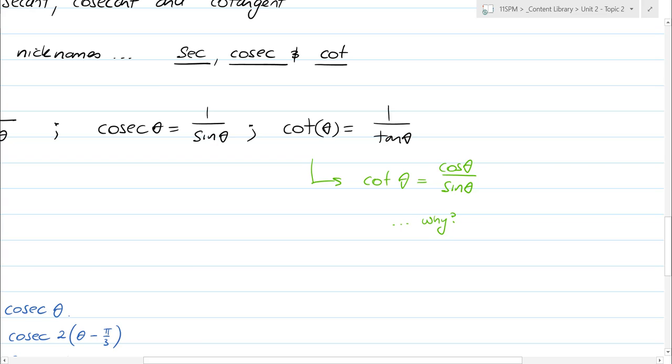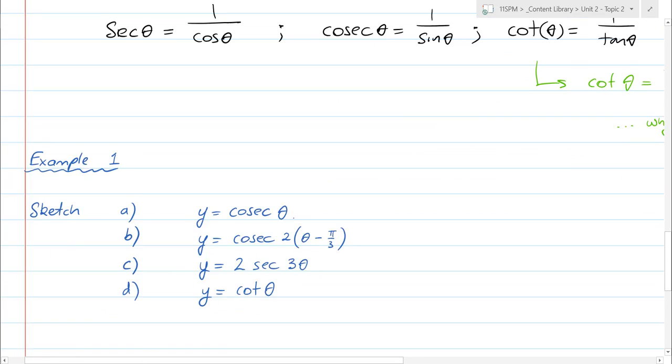Tan is sine over cos. Thank you. The reason is because tan theta, as we've seen, is sine theta over cos theta, and therefore 1 over tan theta is the reciprocal of sine theta over cos theta. So that just reciprocates to get this. Good question. Thanks for pointing that out to me, Max.